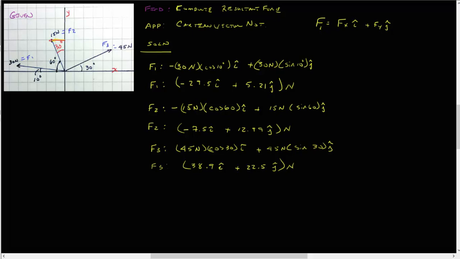Now I can do summing my forces in the x direction. If I sum my forces in the x direction, that means I'm going to add all of my x's.